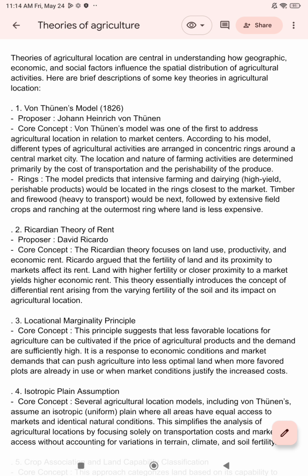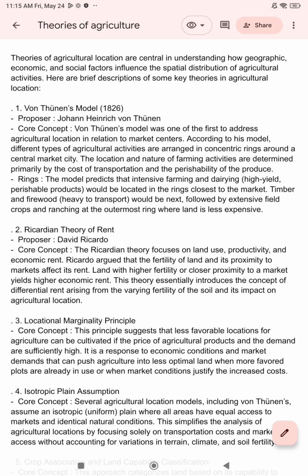So if land is highly productive and it is near to economic centers, the demand will be high for such lands. Such high rent will also determine what kind of crops will be utilized over there. So this is what the second theory says, given by Ricardo.